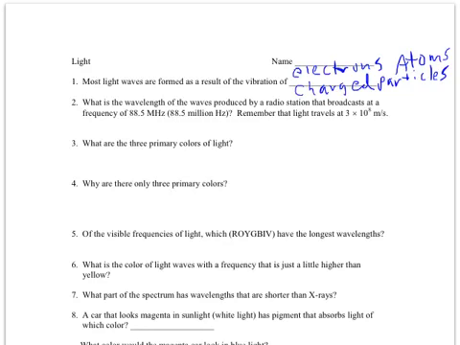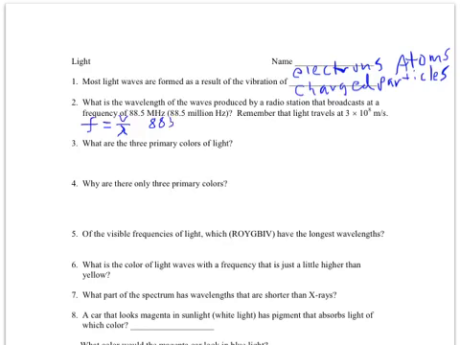To answer this next one, we want to know what the wavelength is. So we're looking for lambda, and we're going to use the wave equation. The frequency of oscillation equals the velocity of the wave divided by the wavelength. We know the frequency is 88,500,000, because it's 88.5 million hertz.